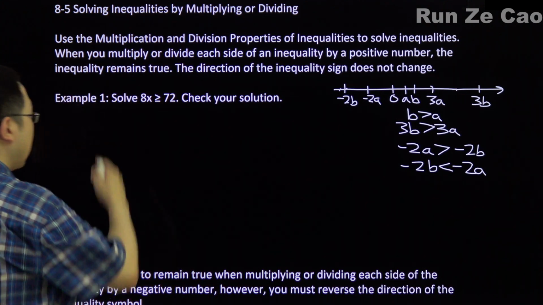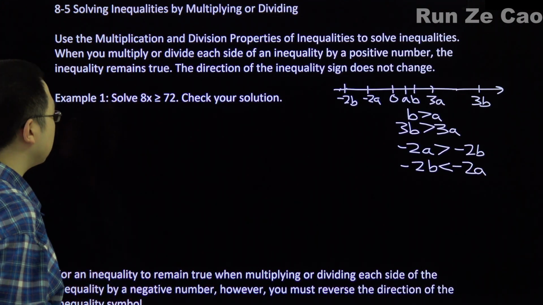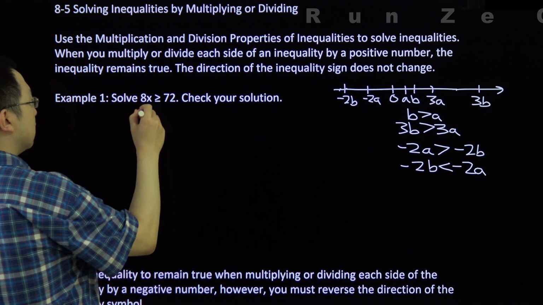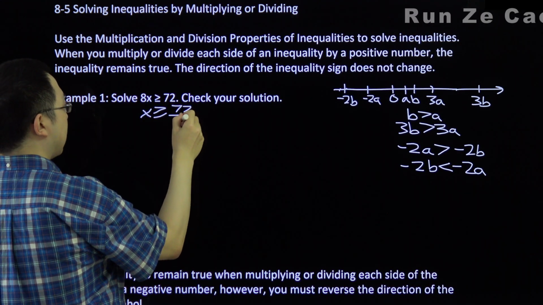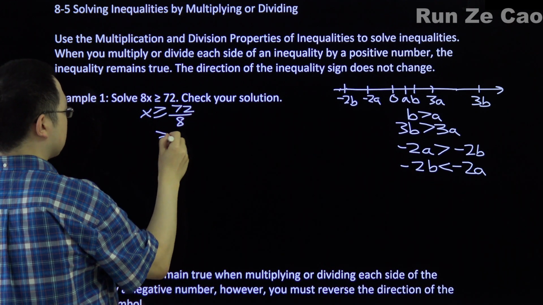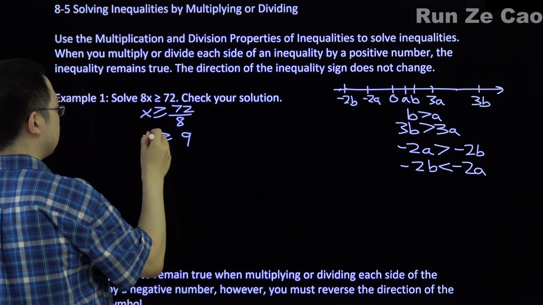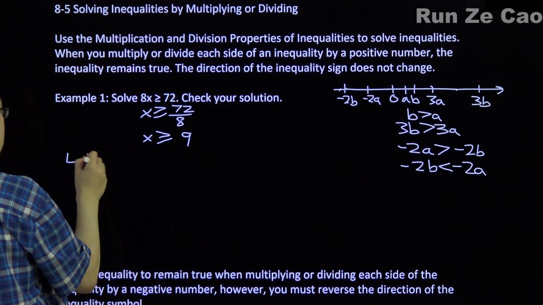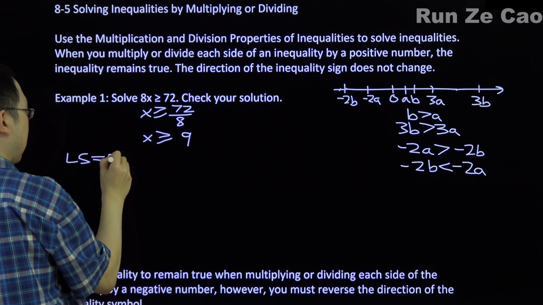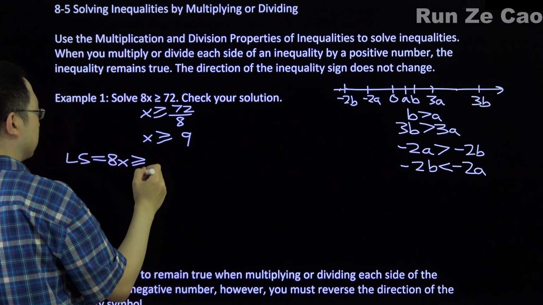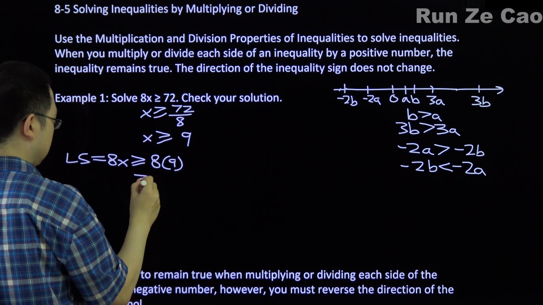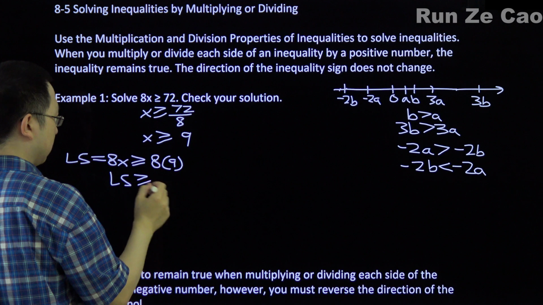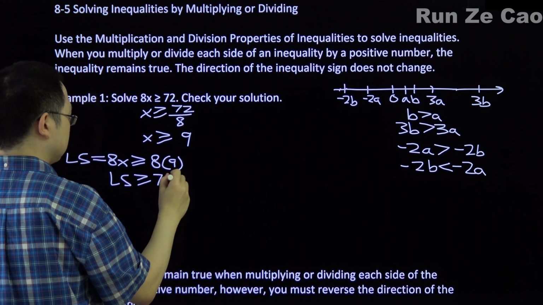So let's solve 8x is greater than or equal to 72. X is greater than or equal to 72 divided by 8, so x is greater than or equal to 9. Check your solution. Left side is equal to 8x, which is greater than or equal to 8 times 9, so left side is greater than or equal to 72.